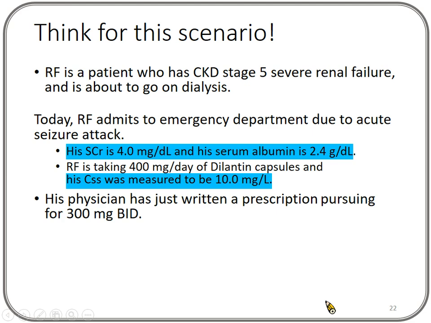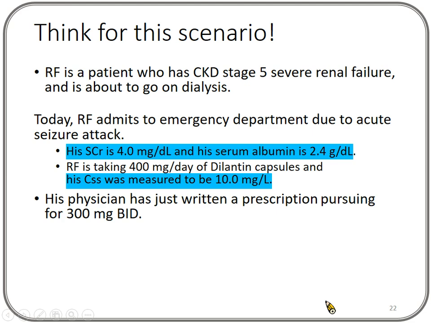The major laboratory data are as follows: the serum creatinine is 4.0, and the serum albumin is 2.4. According to his chart, RF is taking 400 milligram per day of Dilantin, which is the phenytoin form, and his steady state concentration checked in the ER was measured to be 10.0 milligram per liter.